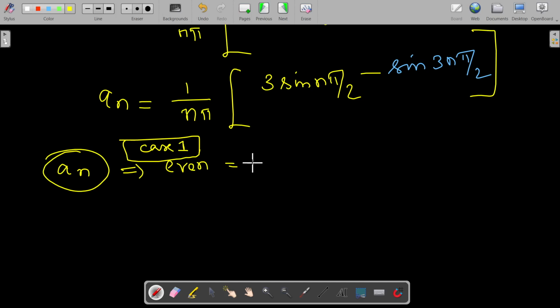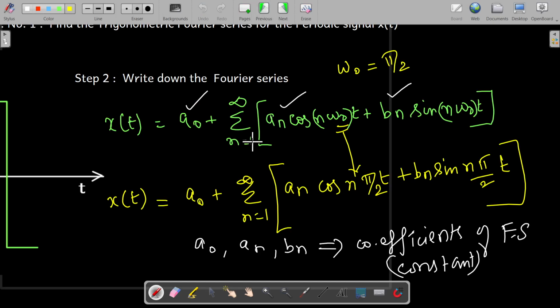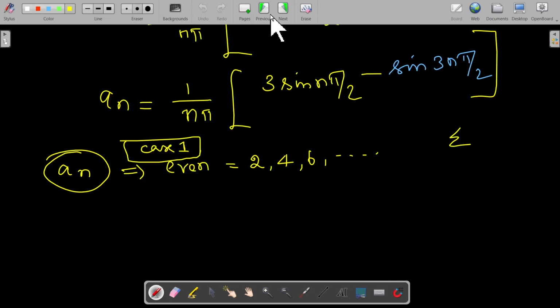So even values are considered from 2 only: 2, then 4, 6, like that it goes on. Because if you have a look at this actual series, here it is from n equal to 1 to infinity, so it doesn't include 0. So when you have even values, 2, 4, 6, like that only you have to consider, no need to include 0.